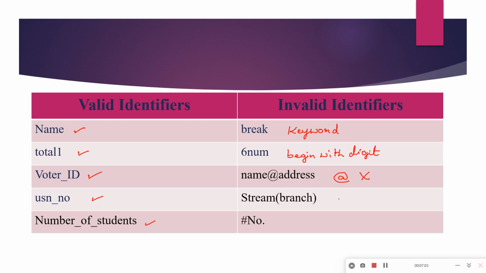Then the one with open and close brackets, all this is used and again it is invalid. Then here it is a hash symbol. It is also invalid. Got it? I hope it is clear. The identifiers are clear?